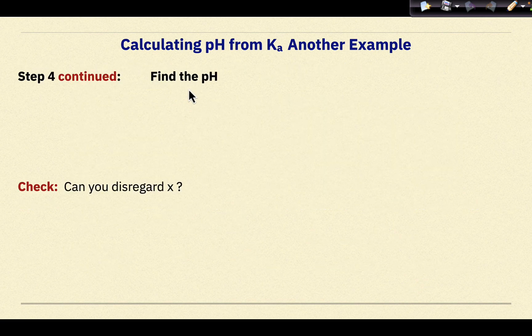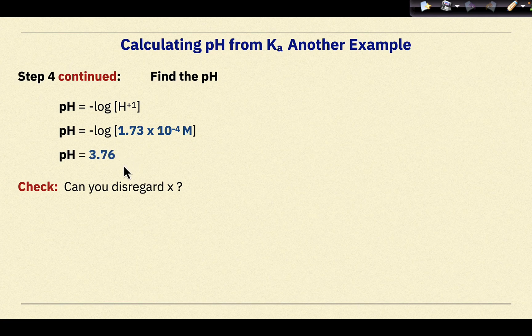We use the pH formula: pH is equal to the negative log of our hydrogen ion concentration. We plug in 1.73 times 10 to the negative 4 molar. In solving for pH, we find it to be 3.76.